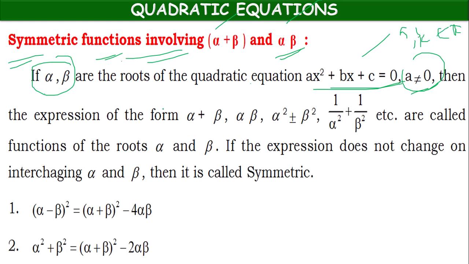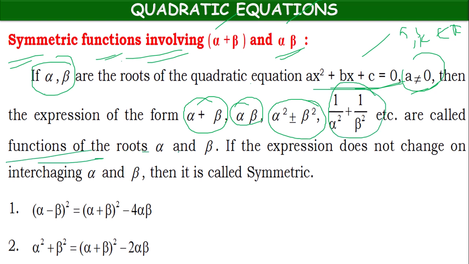Then alpha plus beta, alpha beta, alpha square plus or minus beta square, 1 by alpha square plus 1 by beta square, these are all called functions of the roots alpha beta. Means these are all written with the help of alpha and beta.